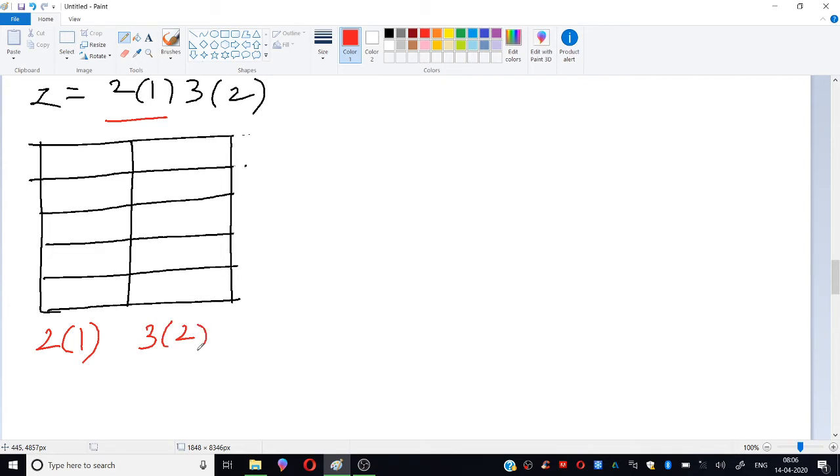We know we have a total of 3 shafts, so we will write down shaft number 1, shaft number 2 and shaft number 3. And what about speeds? The speeds range from here: first is 1, second, third, fourth, fifth, and the last one is 6. So we are going to get 6 different speeds over here, and there are 2 stages in it. Now how do we draw with the structural formula?